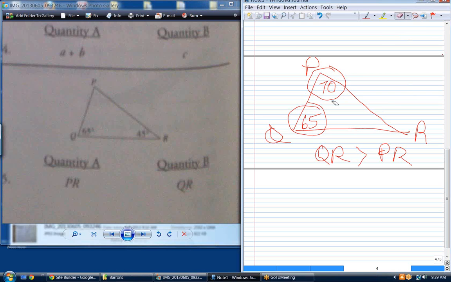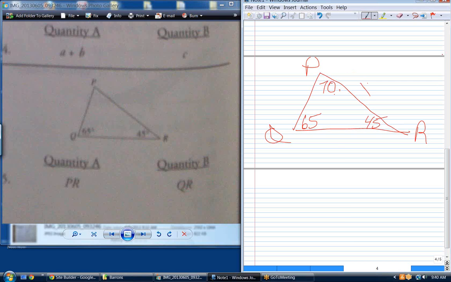Okay. Are you with me? But I thought it was P times R and Q times R. Ah, no. It's the line segment PR. In other words, it's the dimension.